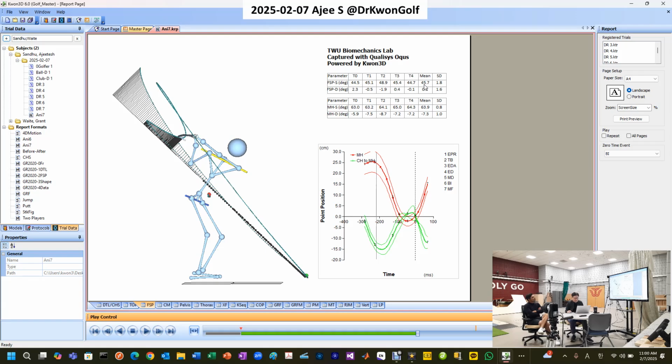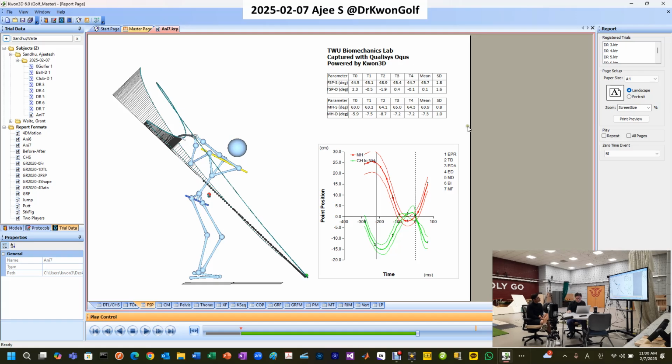But it fluctuates here, from 44.5 to 48.9. So you have fluctuation, and the standard deviation is relatively large here, 1.8 degrees. That means from swing to swing, your swing plane changes. I think it's because of the layoff.